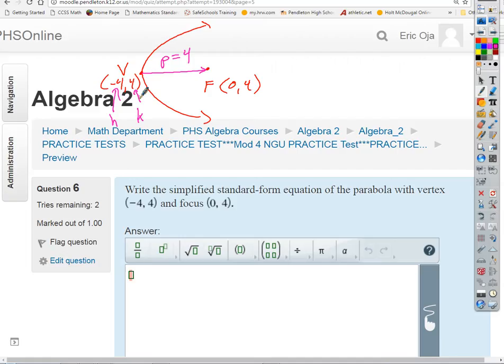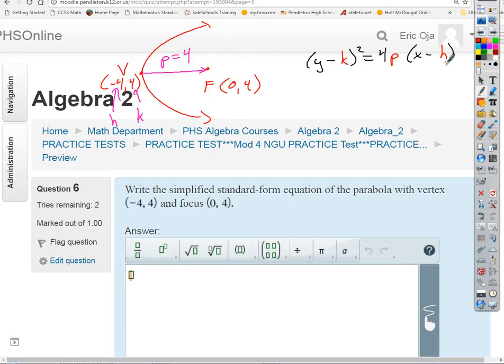So we've got everything we need, because the vertex, that's just h and k. And for a horizontal parabola, we're fitting this form: y minus k squared equals 4p times x minus h. So I'm just going to plug that stuff in.